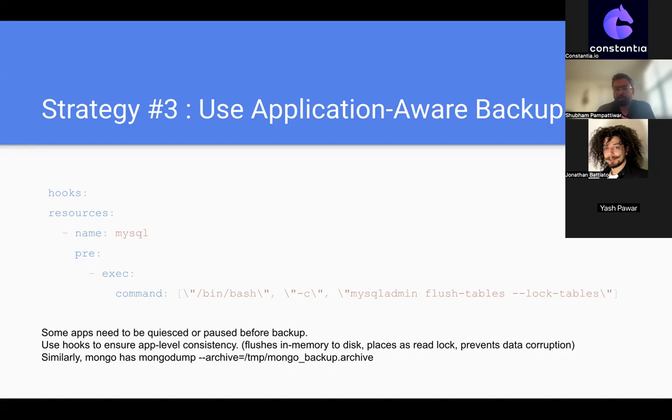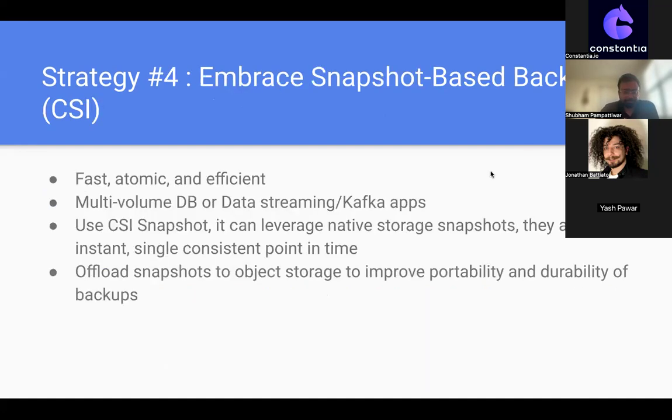Similarly for Mongo, you could use the mongodump utility to archive whatever you want to save before taking the backup of MongoDB. So similarly, you'll have to come up with backup recipes for hooks, or custom logic that you want to use before taking a backup or post restore too. So that's our strategy number three.